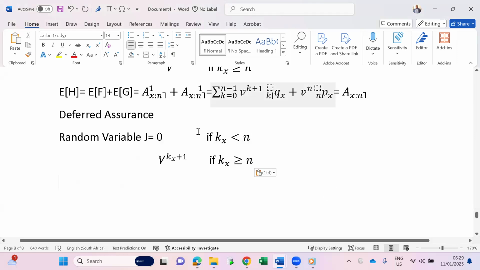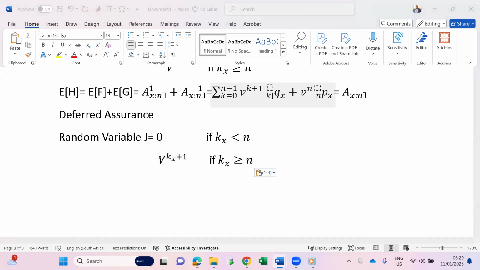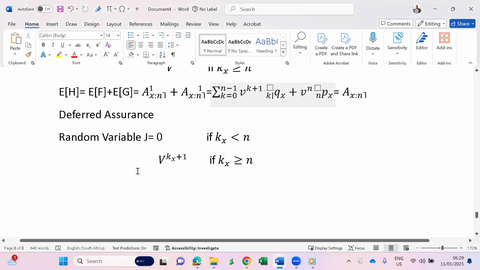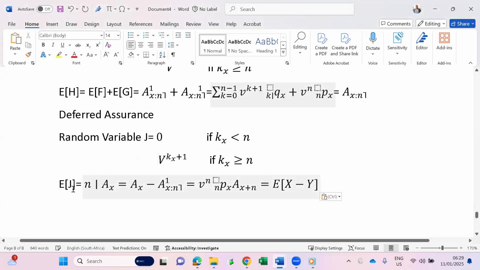You don't get v^n, it's a random variable. And then we now need to define the expectation or the expected present value of this, and then introduce notation as well.